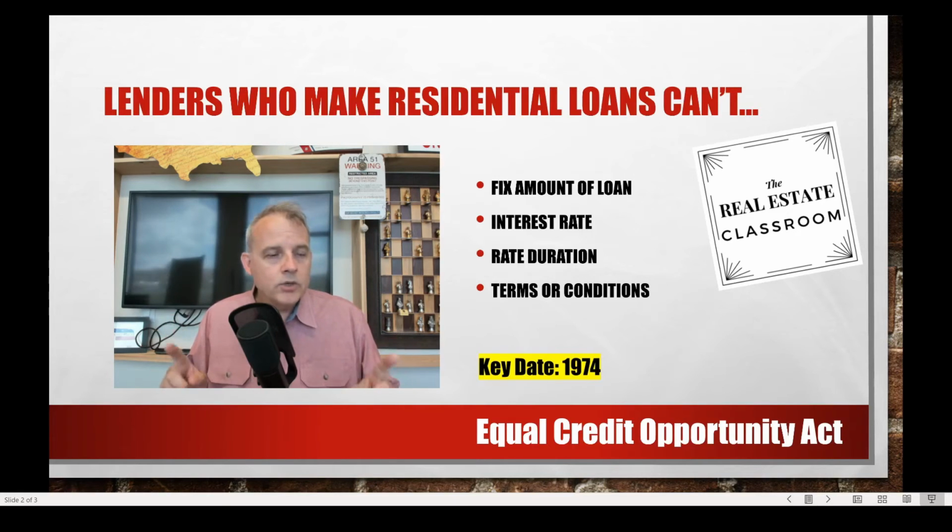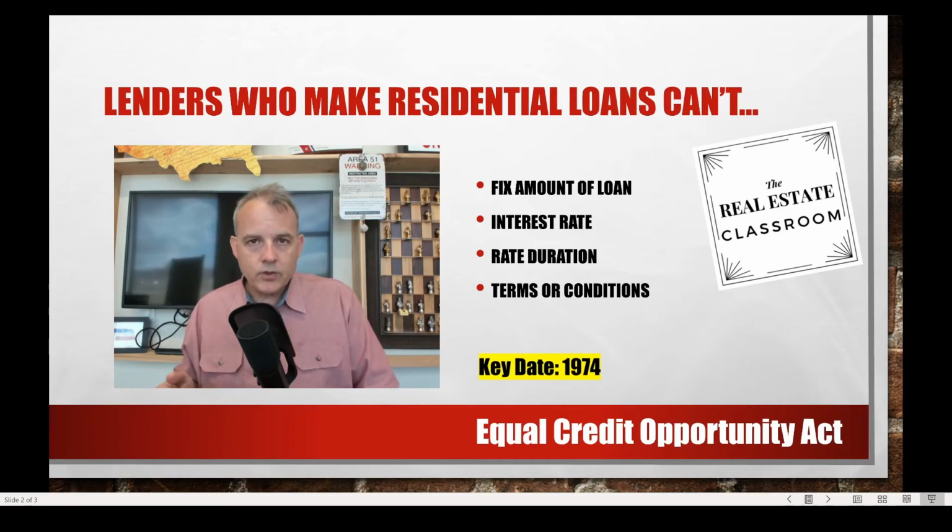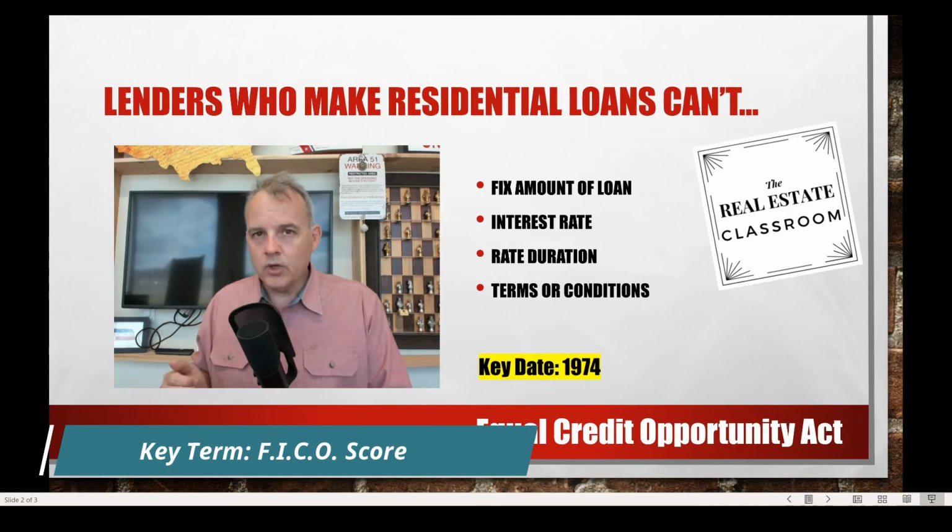Now, don't confuse that with someone who legitimately has a subpar financial trustworthiness. All right, so let me explain. Many lenders base their terms and conditions on someone's credit score, or what we call the FICO score.